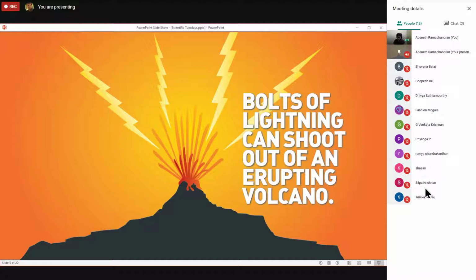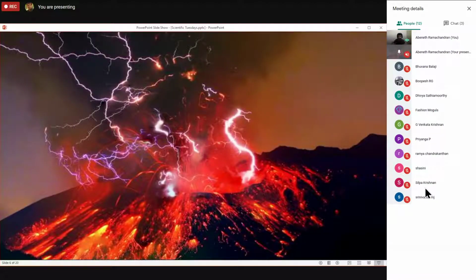How does it look? It looks like this. So this is a very unique phenomenon. It is not commonly seen anywhere in the world, because it happens only at certain times, when the clouds are of charged nature. Oh my god. So there are new things we have to explain.